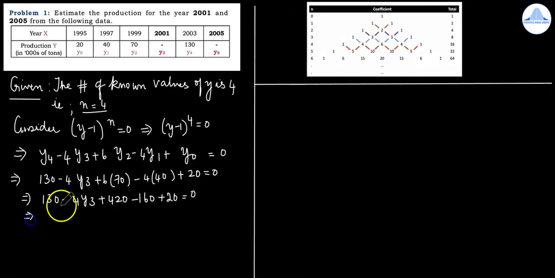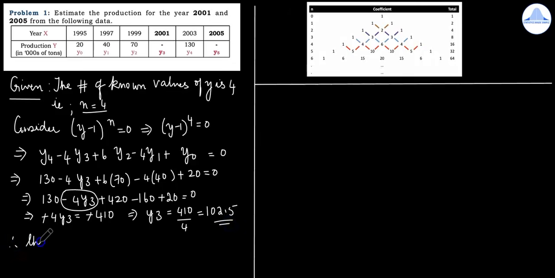Now keep only minus 4y3 as it is and put the remaining values in the calculator and simplify. So you'll get minus 4y3 is equal to minus 410, which implies y3 is equal to, minus and minus will get cancelled, 410 divided by 4, which is 102.5.